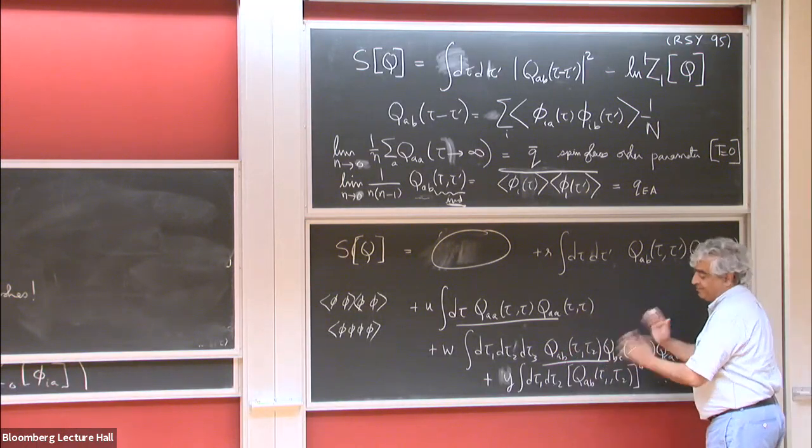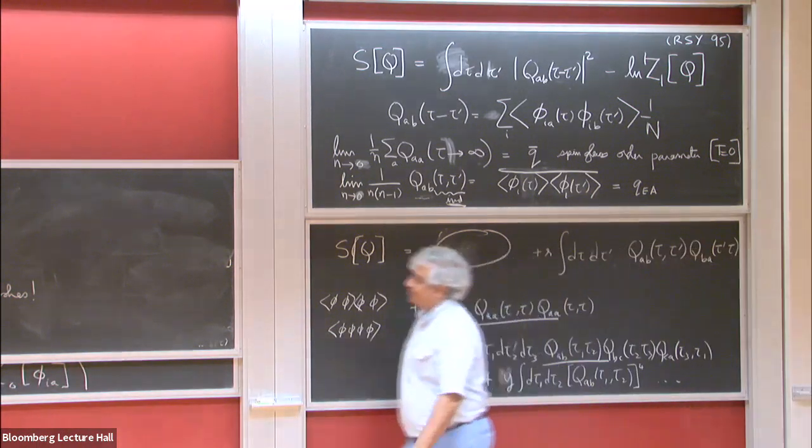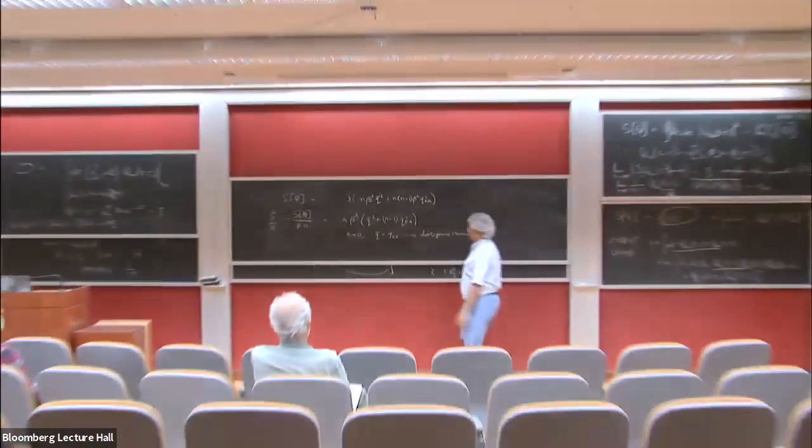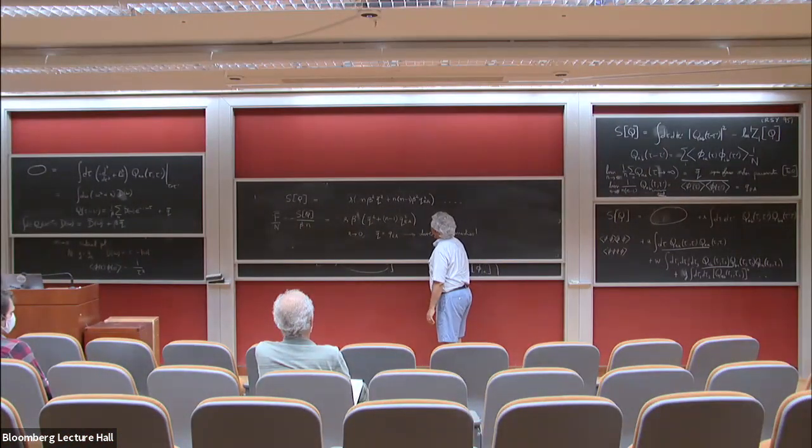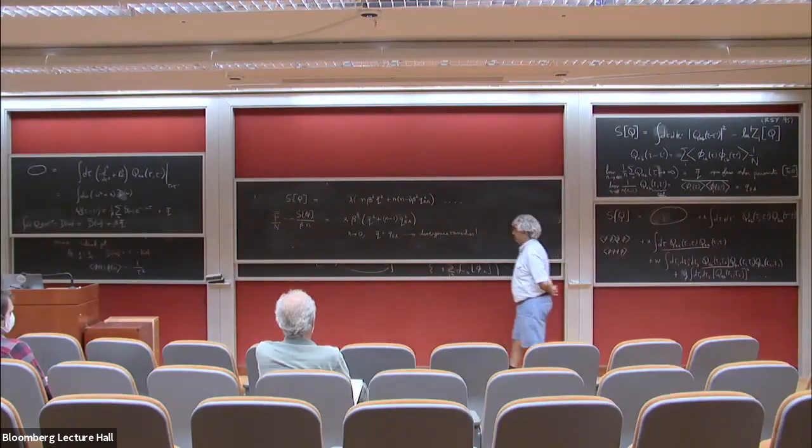So an extra factor of n will always accompany any potential divergences when these two are equal. Or another way to say it, if you put n equals 0, there will always be factors of Q bar minus QEA associated with that.